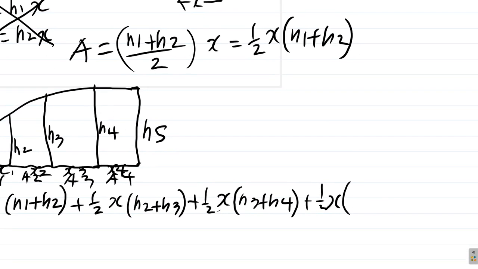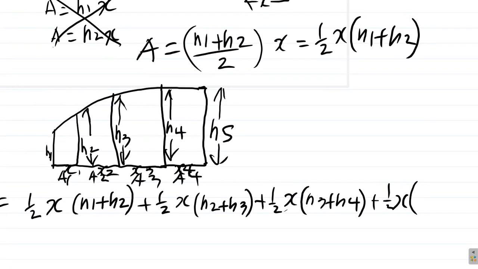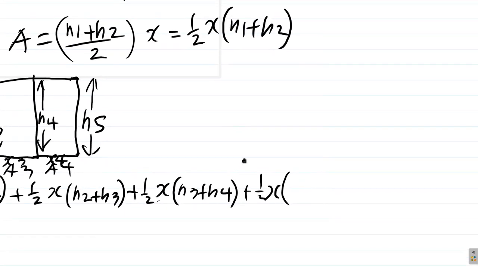This is H5, the height. Let me just label them for clarity. All of these are heights of the trapeziums. So we have half X times H4 plus H5 for the last one.